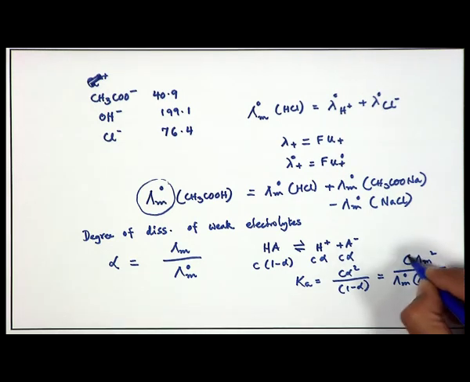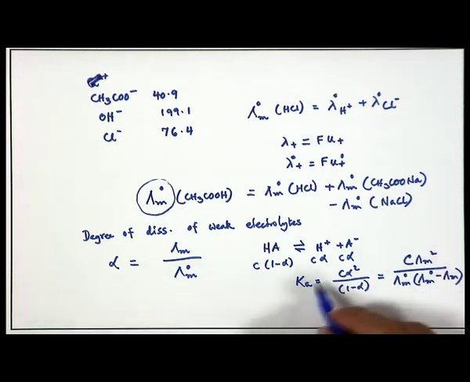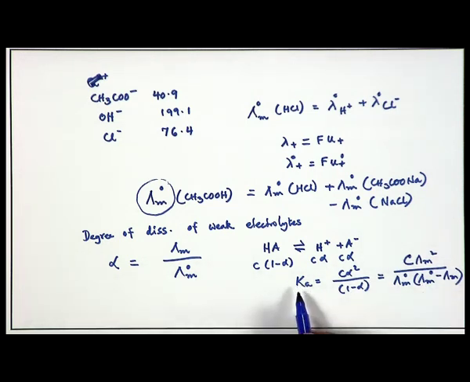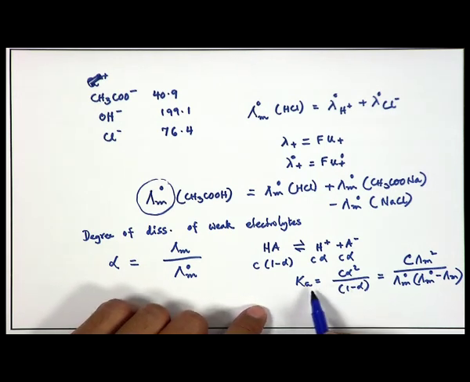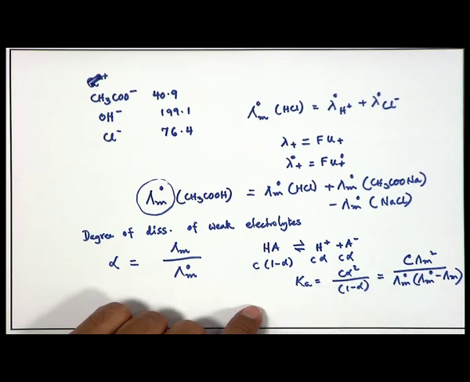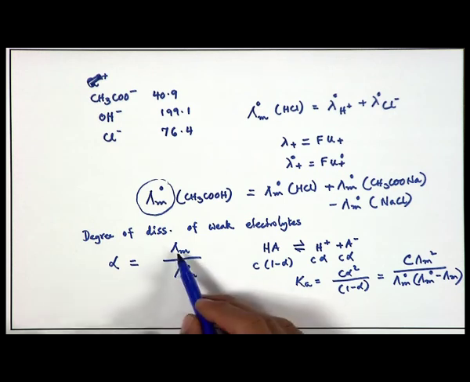So, that will furnish this Ka, that is acid constant for a weak acid. So, basically lambda m means it is at some concentration.